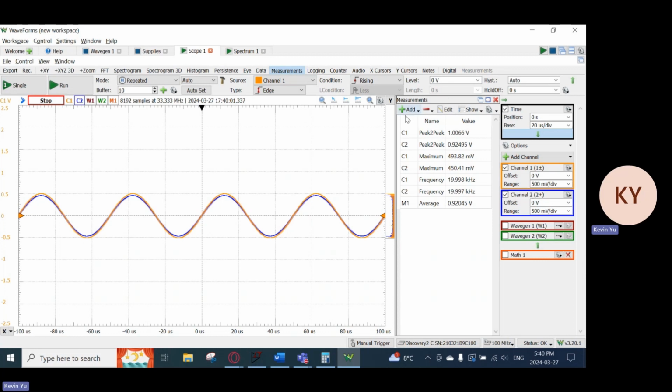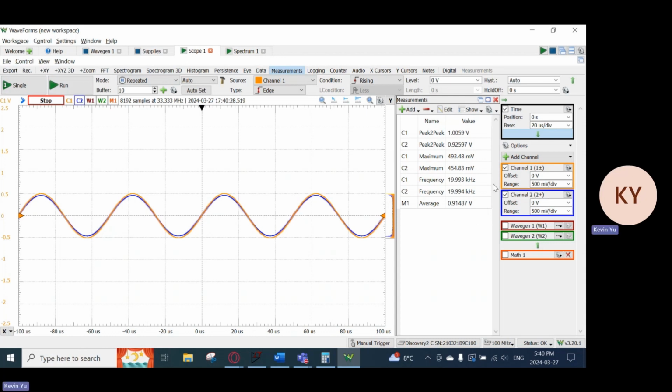Some measurements I took here are the peak-to-peak values, the maximum values, and I also want to check if the frequency is the same. Also, this M1 channel is basically V out over V in, which is the gain. And as you can see here, when I run it, the gain is always around 0.9. So that also checks out.